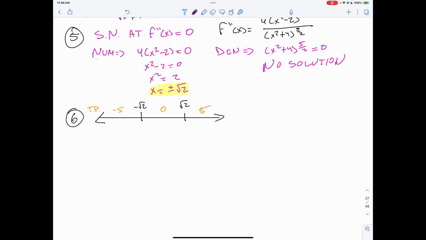And I'm going to see what happens for my second derivative, where I find that it is positive, negative, and then positive, which means that my function is going to go from concave up to concave down to concave up. And we see that there is a point of inflection at -√2 and at +√2.